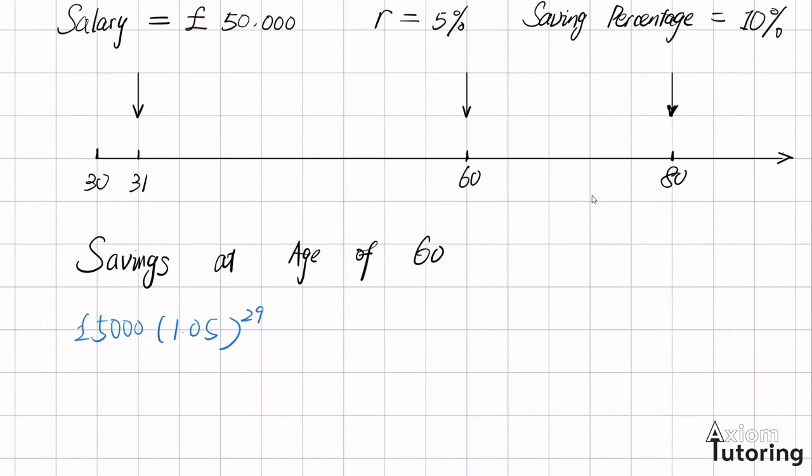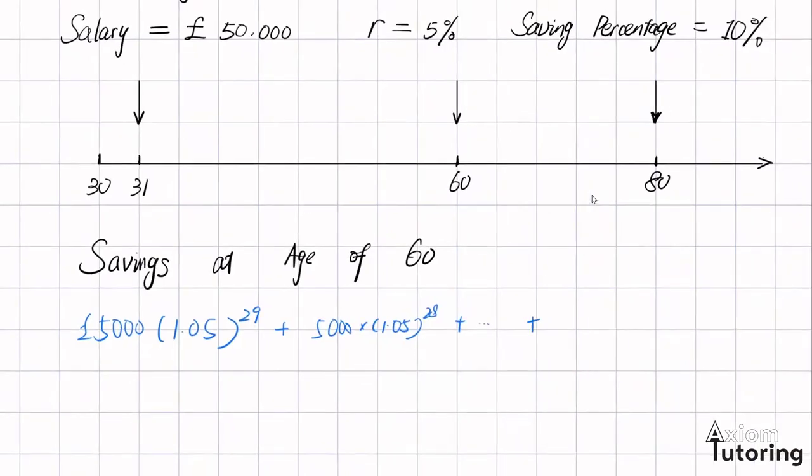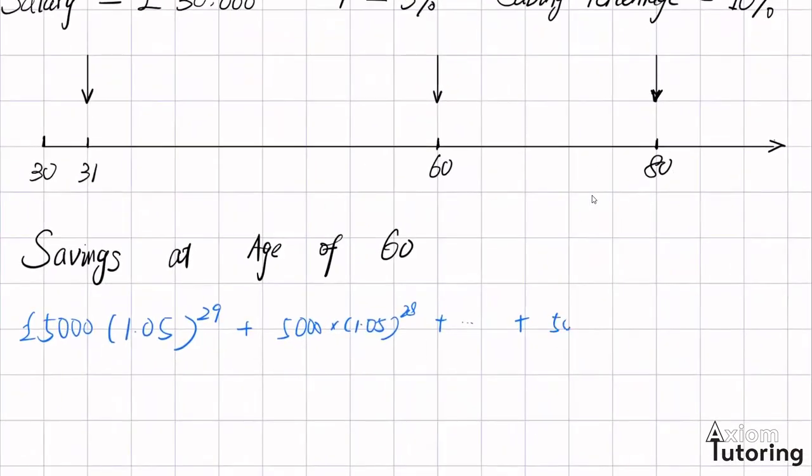So that last payment is not compounded. The first payment is only going to be compounded 29 times. And you can add all the rest of the savings, which is 5,000 times 1.05 to the power of 28, and then all the way to the last saving, which is 5,000 itself.